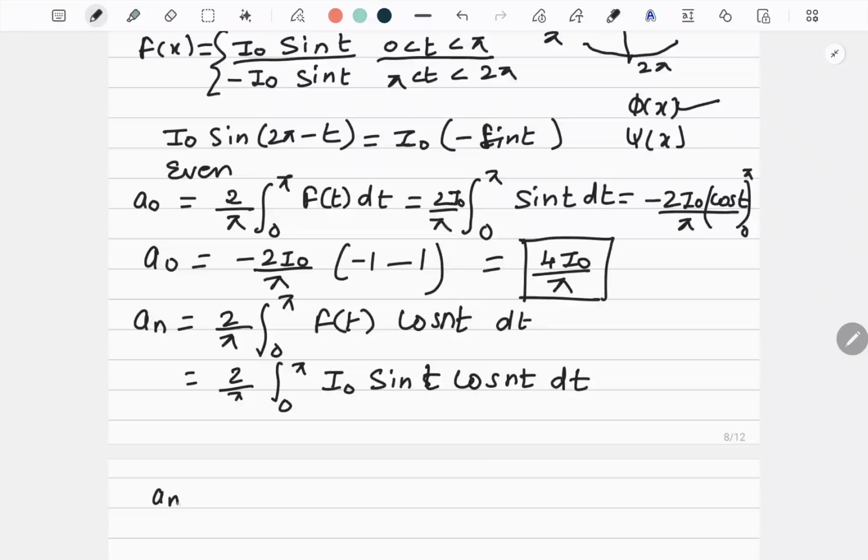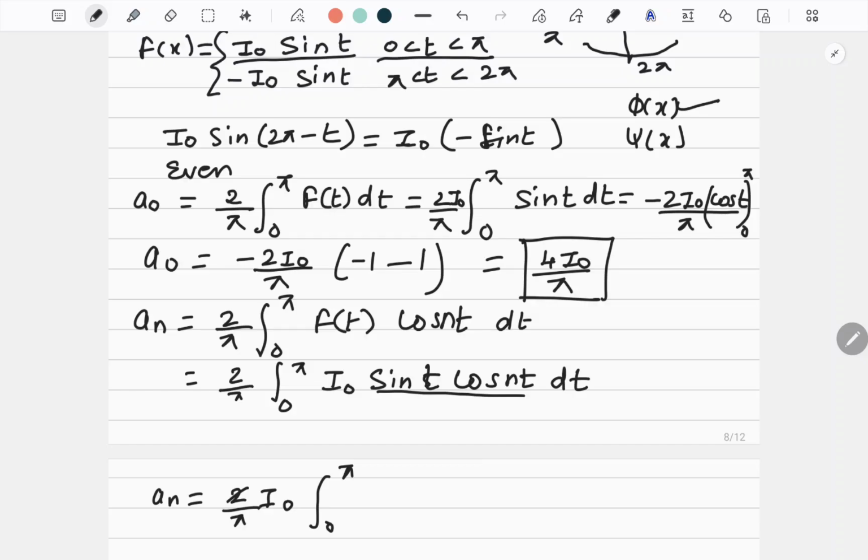So an is equal to 2 by pi, I0 I am writing outside, still the integral is there because I am just breaking this. In this formula 1 by 2 also comes, so this 2 will get cancelled. What is the formula for sin A cos B?